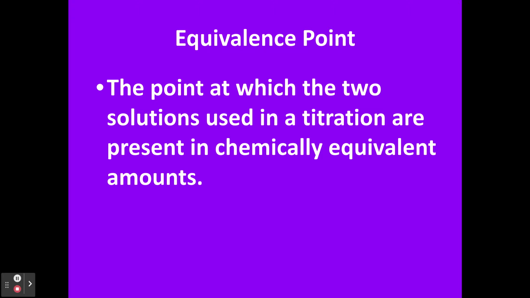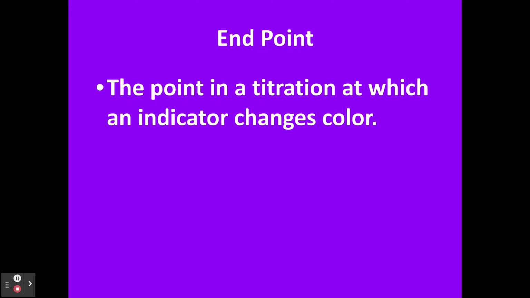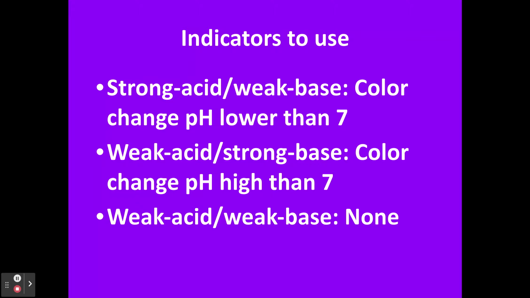The equivalence point is where the two chemicals are in chemically equal amounts. And the end point is where the color change would occur. And so you would have to pick out an indicator to use depending on what acids and bases you're working with and where they're going to have that color change occur.